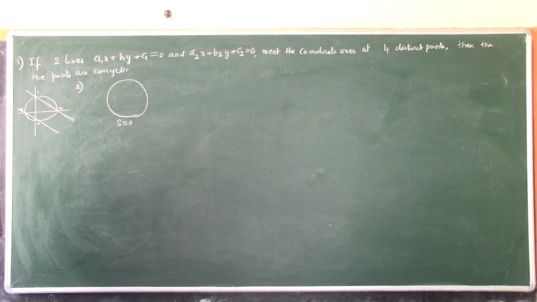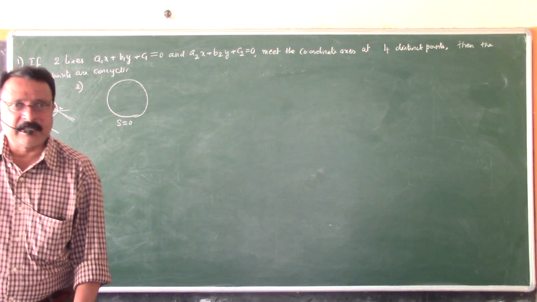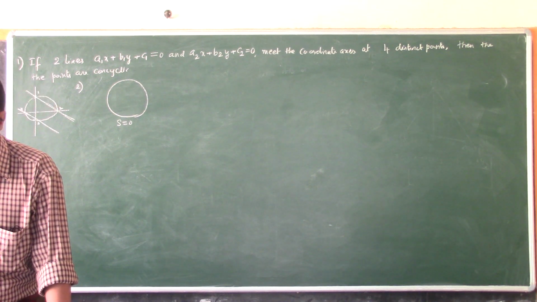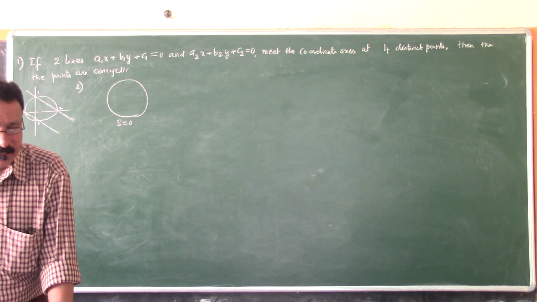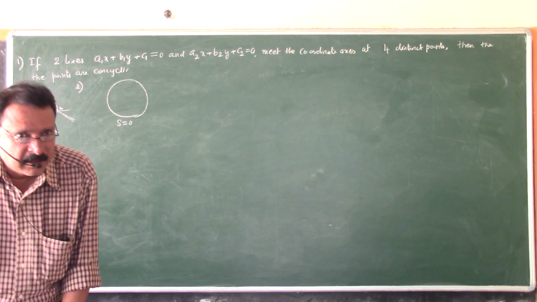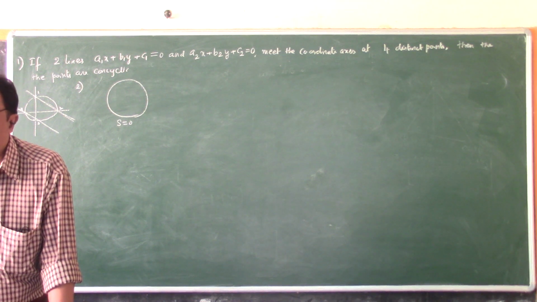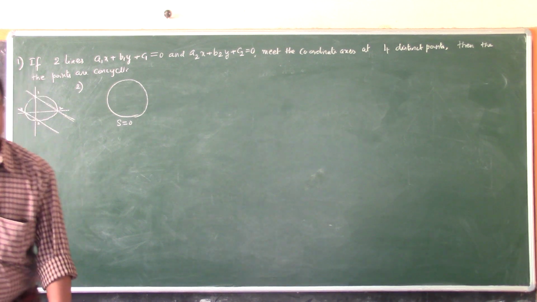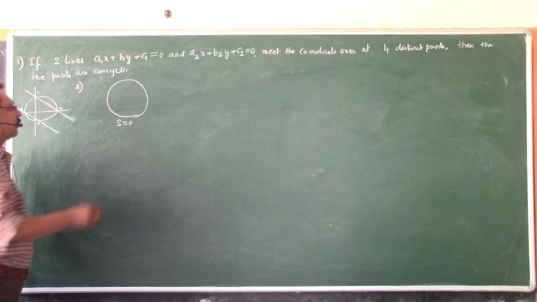X square plus y square plus 2gx plus 2fy plus c is equal to 0. That is, in short, it is written as S is equal to 0.